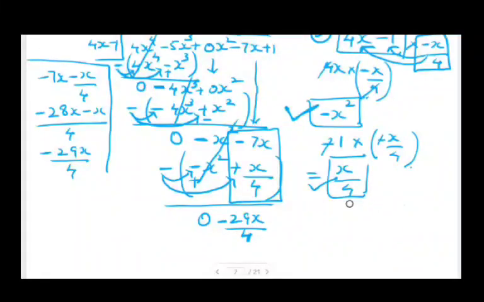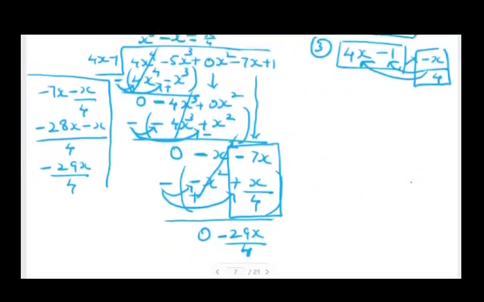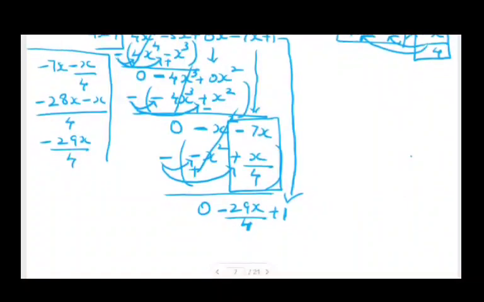Since I'm falling short of space, children, I'm just erasing this part of the working. But remember, you cannot do that in your examination or in your submissions. After this follows plus 1. Now, what do I multiply 4x minus 1 with to get minus 29x?